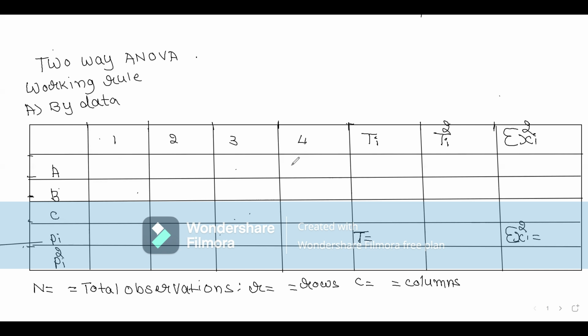Then you take the cursor upward, bring it to the first position and shift the cursor to the Y column. Then you can enter this equal to, this equal to, this equal to, this equal to, and all the 8 readings are entered there.